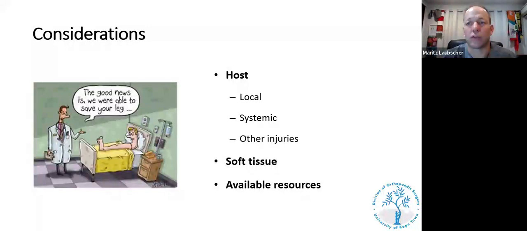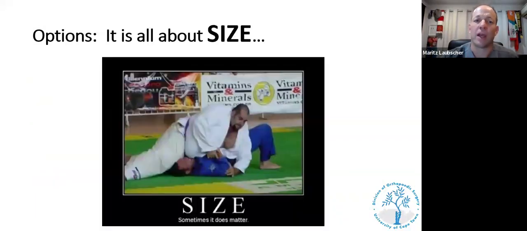You know, you're not going to tend to the segmental bone loss if there is a life-threatening injury that needs to be treated. You need to look at the soft tissue, and you also need to look at the resources that's available. And the size of the defect is really important.